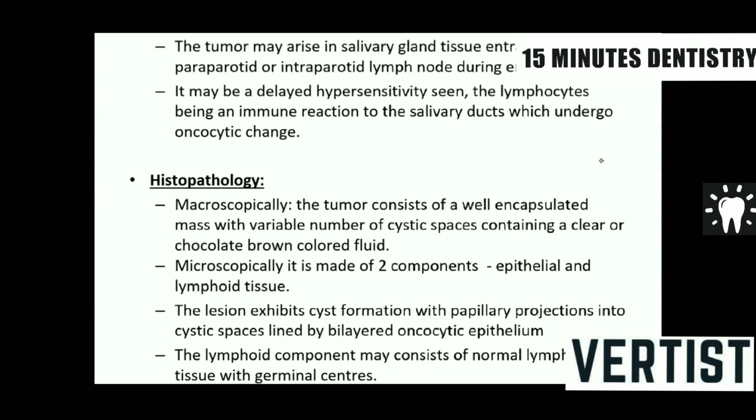Microscopically, it is made up of two components, the epithelial component and the lymphoid tissue. The lesion exhibits cyst formation with papillary projections into cystic spaces lined by bilayered oncocytic epithelium, and the lymphoid component may consist of normal lymphoid tissue with germinal centers.